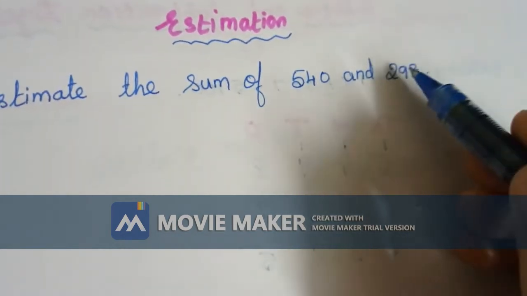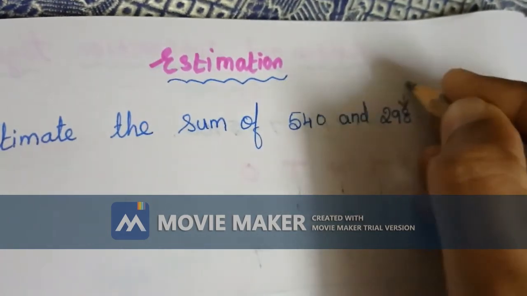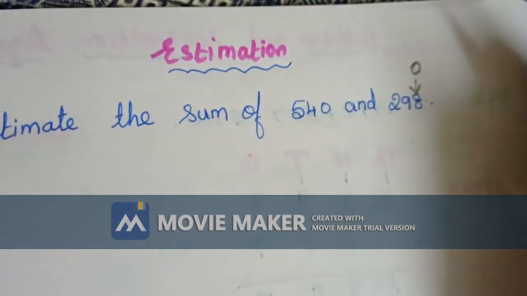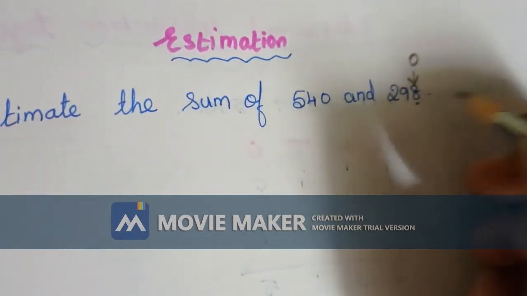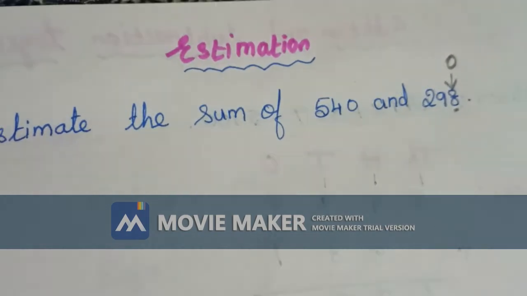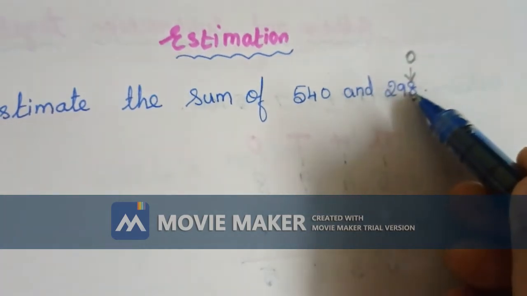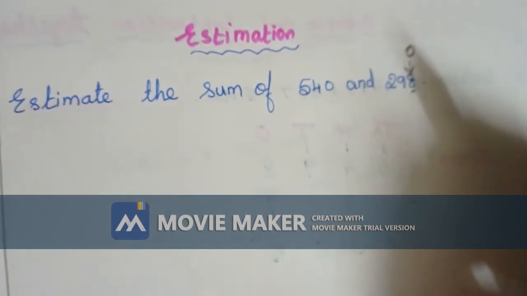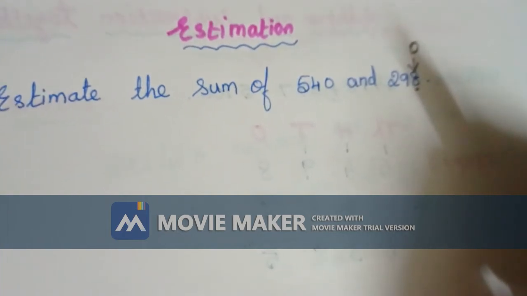In the ones place value you can make it 0. Remember this: in the ones place value you can make it 0. That means close numbers. So this 298 is close to 300 or 290.